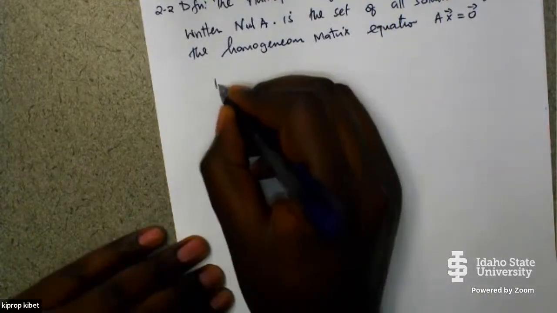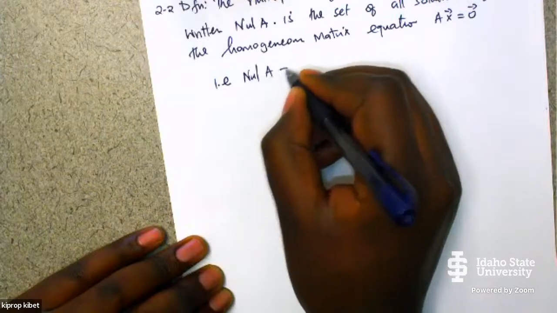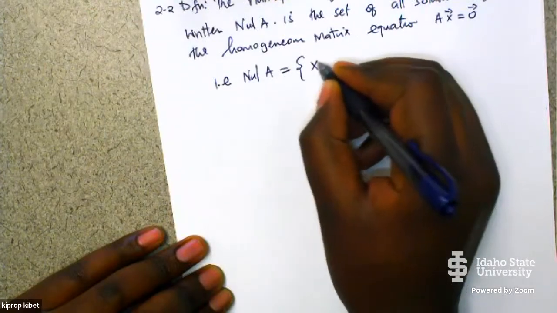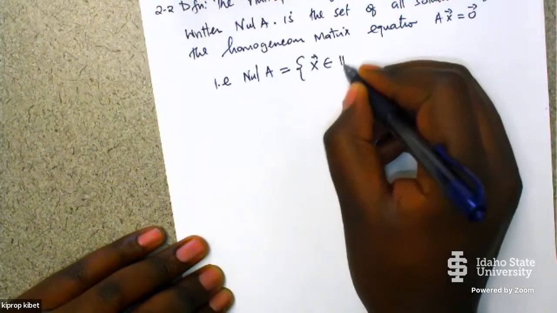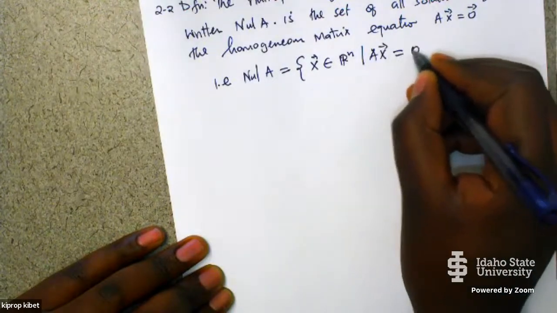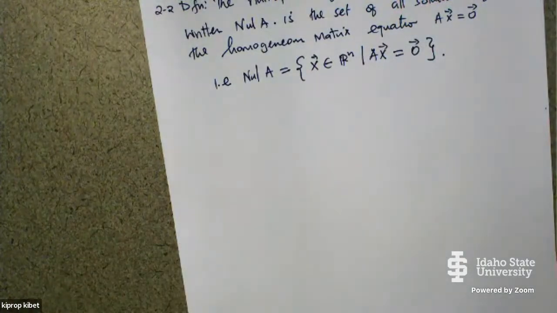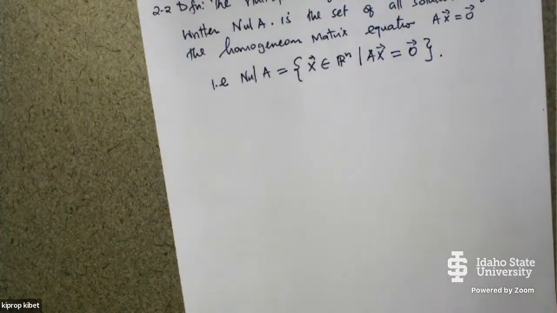That is, the null space of A equals the set of x, an element of Rn, such that Ax equals 0.